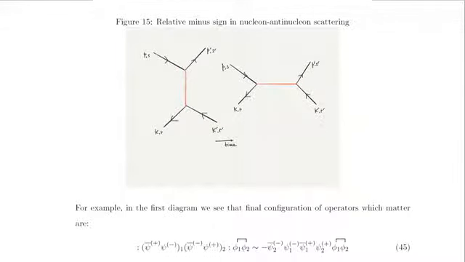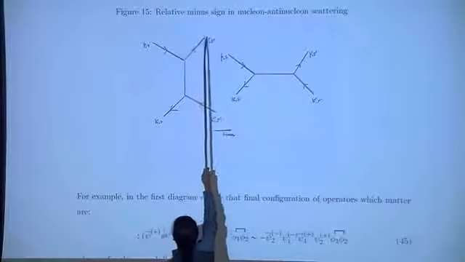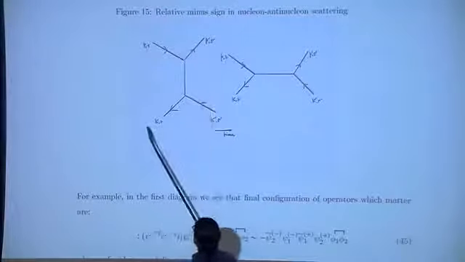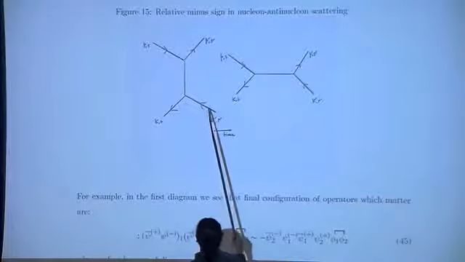What do I mean by that? Suppose you take the case of a nucleon-antinucleon scattering. These are the two diagrams possible. You have a nucleon coming in, and it's annihilated here, and then another nucleon going out. Antinucleon coming in, absorbed there, and another antinucleon going out.